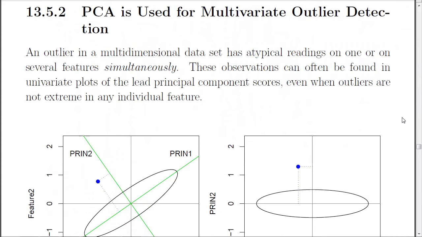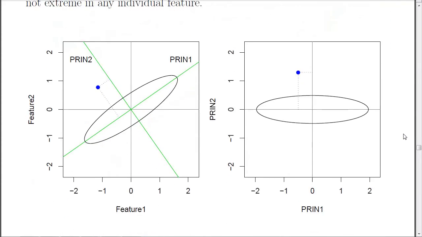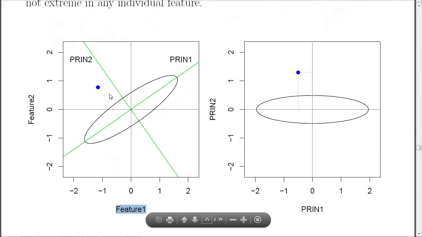All right, my last comment is on using PCA for outlier detection. There's times when you have an observation in a data set, as in the plot to the left, that doesn't look like an outlier in any individual dimension. For example, in feature 1, feature 1 basically goes from the range of this elliptical data set, of which this blue point is the outlier in question.